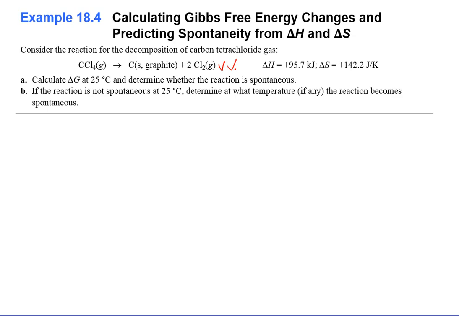How do we solve that problem? So the first thing is to write an equation. Delta G is given by delta H minus T delta S. Now delta H, you want to change this one to joules, so it will be plus 95700 joules, because you want to use joules, you don't want to use kilojoules.